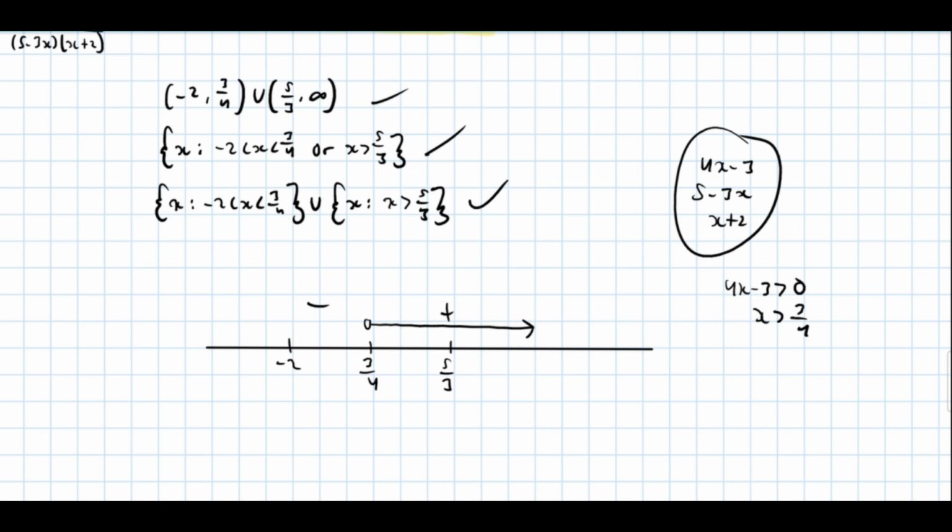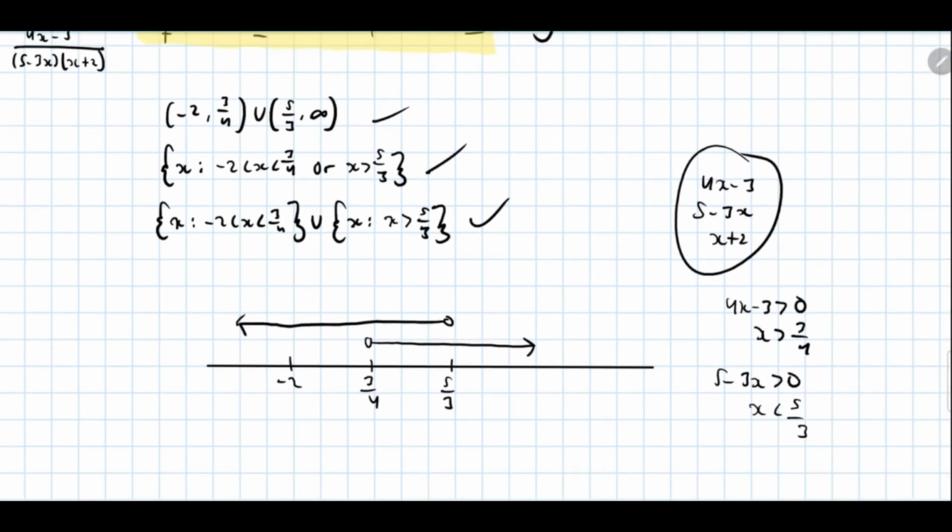Okay, so let me do the rest. So for 5 minus 3x, when does it become a positive value? Where x is less than 5 over 3. So the way you write this is from 5 over 3 up until negative infinity, the term itself 5 minus 3x becomes a positive value, and vice versa. So finally we have x plus 2, so I'm going to do it directly.